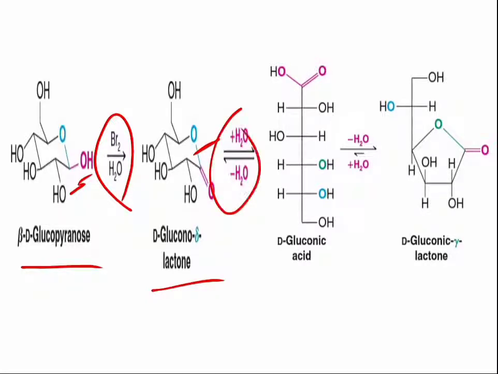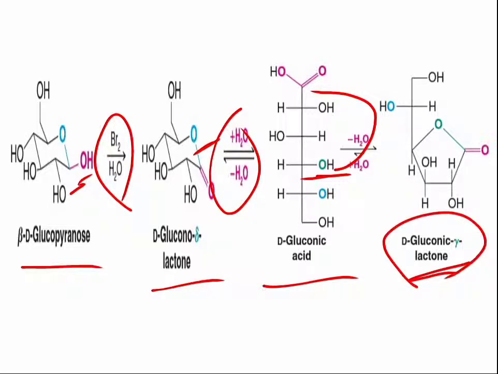Then add some water, you will get a gluconic acid, and this gluconic acid will be in equilibrium with this gamma lactone. This OH is attacking here and forming this cyclic structure, which is a D-gluconic gamma lactone.